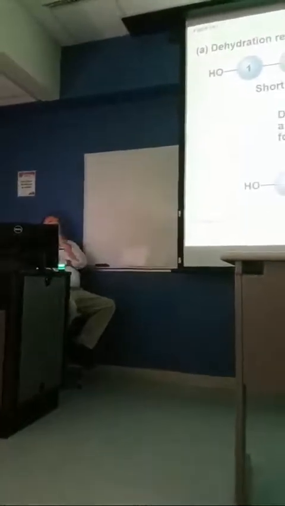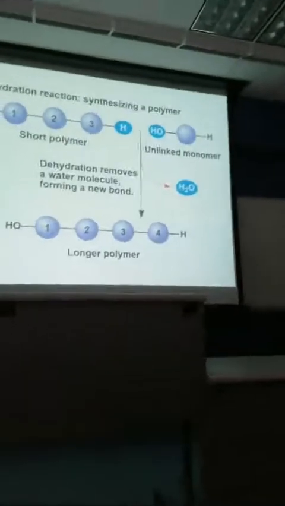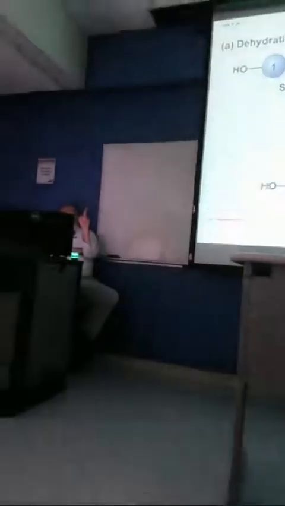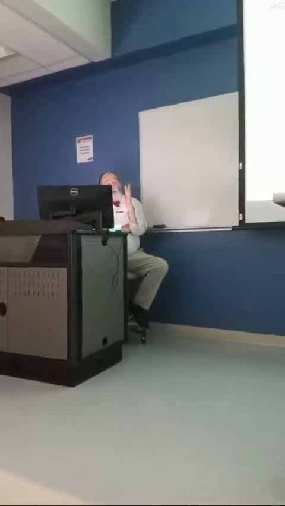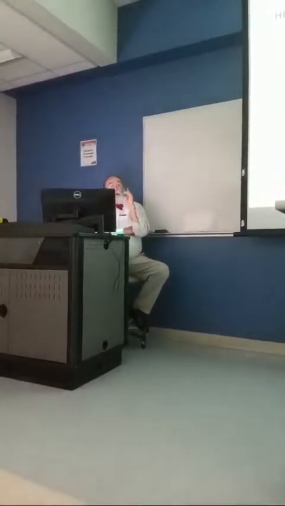We said out of the 4 molecules that we looked at in this unit, carbohydrates, proteins, lipids, and nucleic acids, carbohydrates, proteins, and nucleic acids are polymers. Lipids are not.